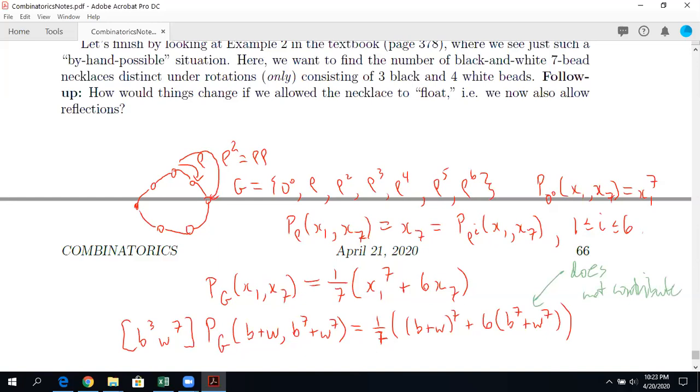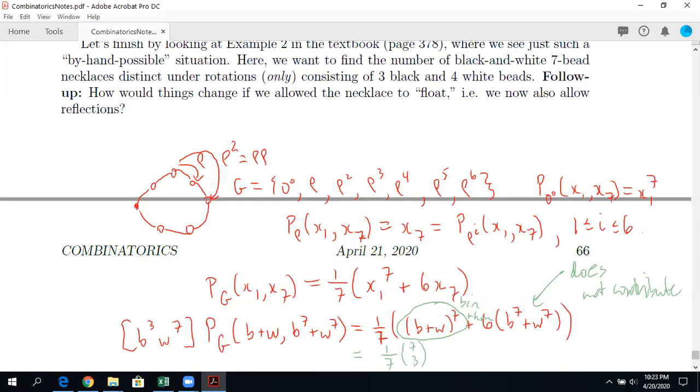So what is the coefficient of this thing? Well, it's going to be 1/7 times something. For this part, we have to use the binomial theorem. We can actually do this by hand. What is the coefficient of b to the 3rd, w to the 4th? Wasn't that going to be 7 choose 3?